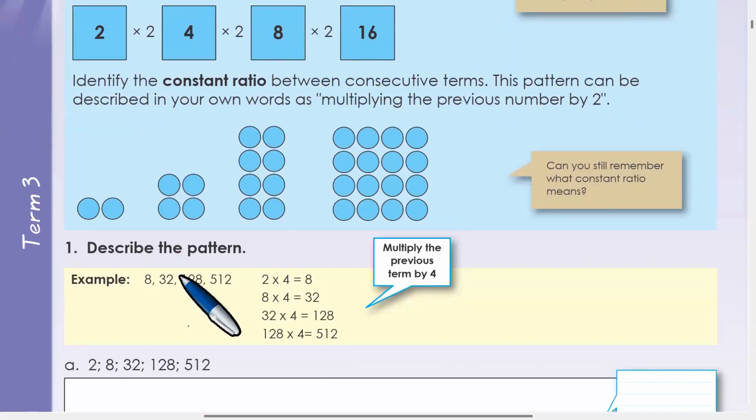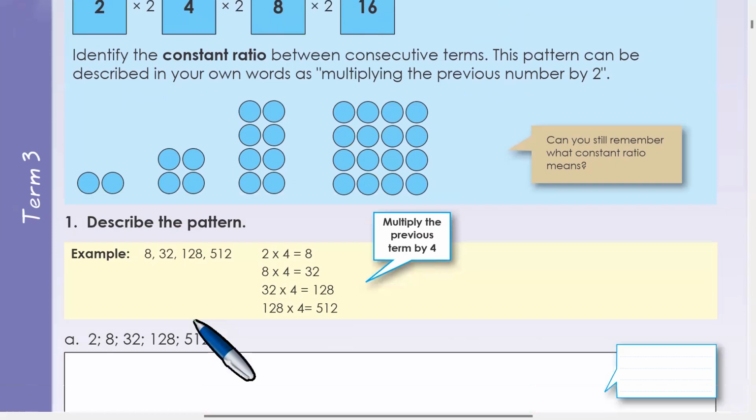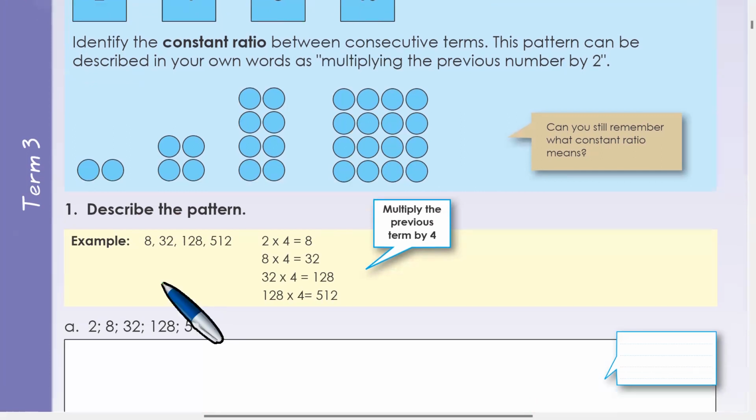So if you describe the pattern, let's look at this one. To describe the pattern here, you multiply the previous term by 4. So you have 2, 8, 32, 128, 512.